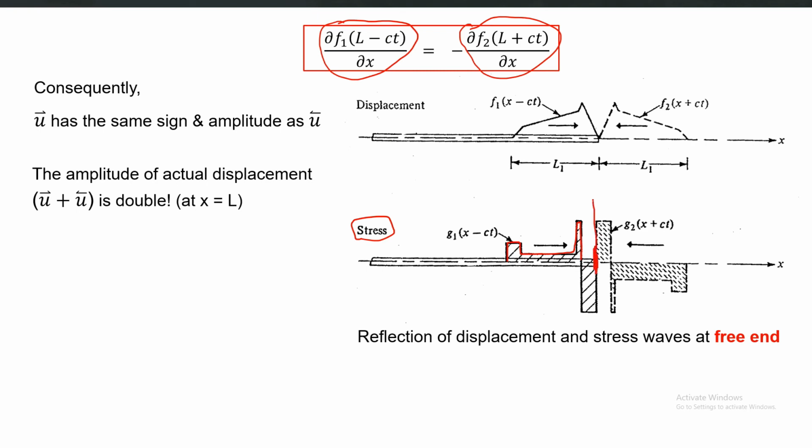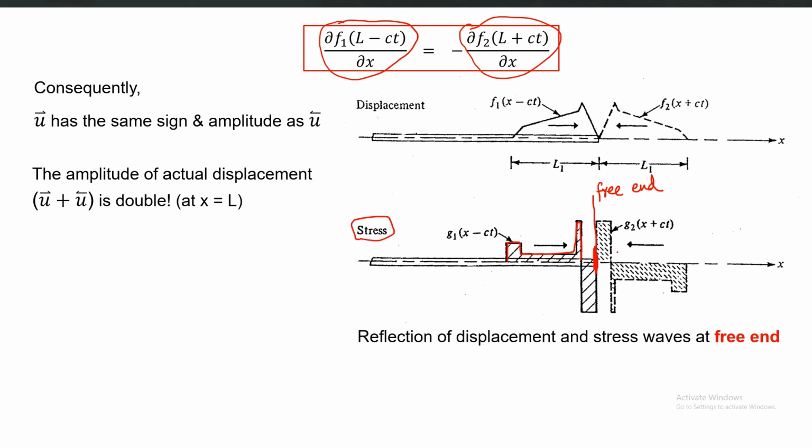The first term, x minus ct, was the approaching wave, and x plus ct was the reflecting wave. Just when the x minus ct term has reached the free end, the G2 term has also reached the free end from the opposite side, which you cannot see.